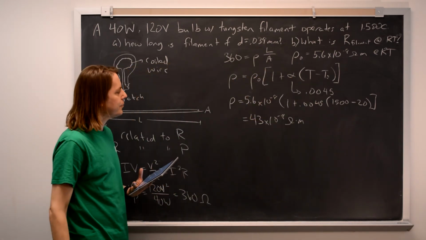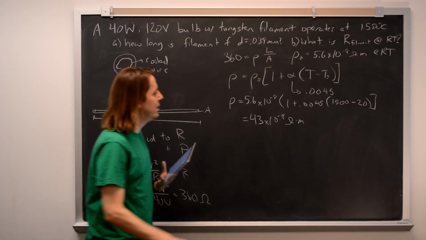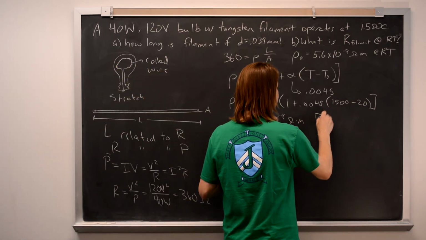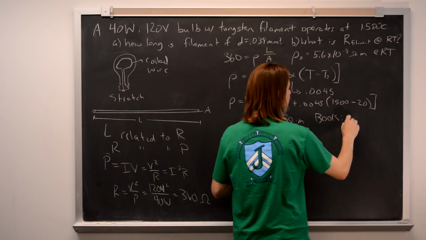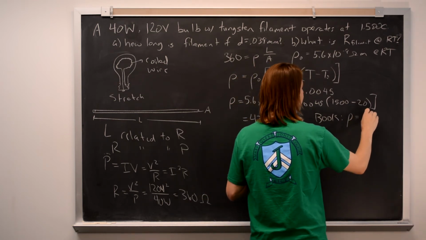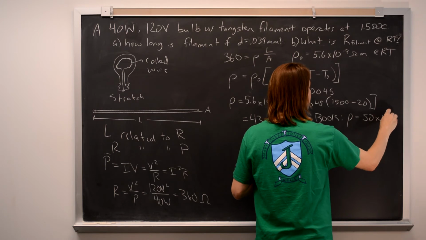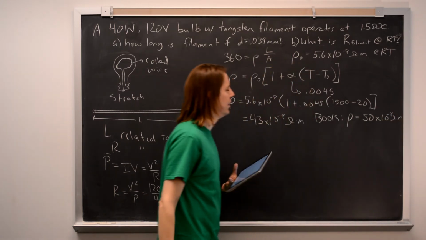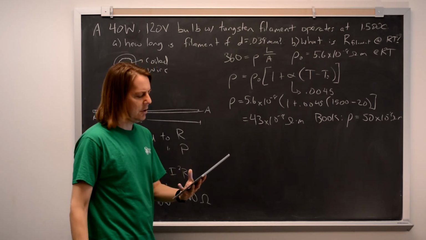Okay, here's the problem: the book doesn't use 43 times 10 to the minus 8 ohm meters. The book solves this part by saying the resistivity at this high temperature is 50 times 10 to the minus 8 ohm meters. I'm not sure why. It's kind of strange.